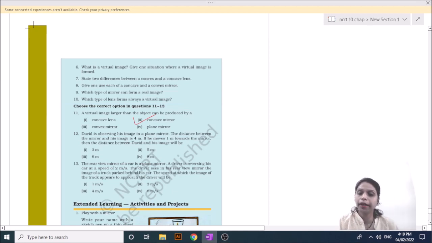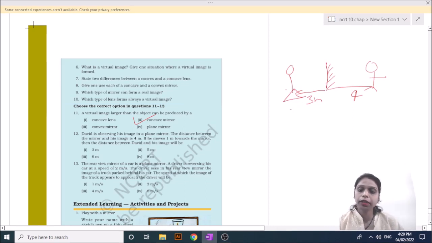The distance between the mirror and the image is 4 meters. If he moves 1 meter towards the mirror, what is the distance between David and his image?